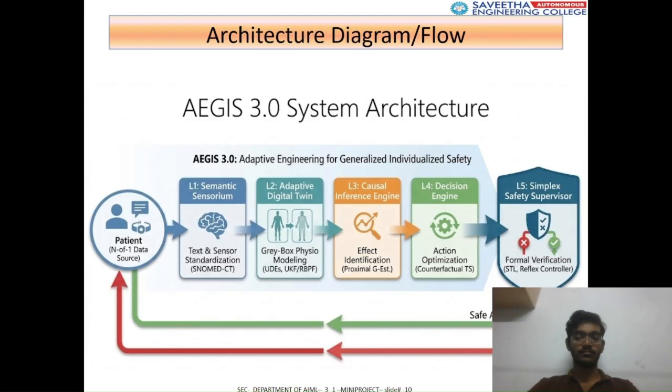This is the system architecture diagram of Aegis 3.0, which means this is the third refined version of Aegis. This is where we get input data, and the text or semantic standardization is done, and we have a gray box physio modeling, along with effect identification, and the final agent engine along with the simplex architecture.